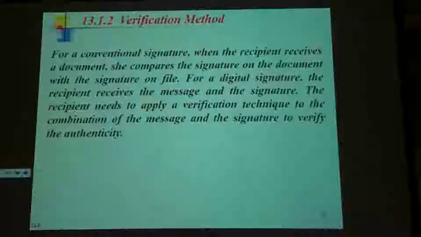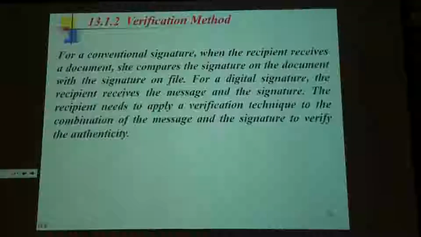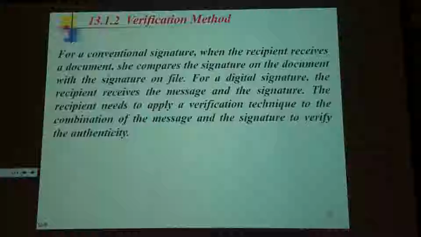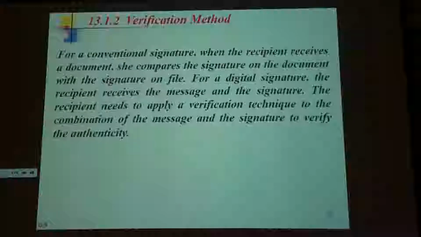However, in the digital case, the message is received separate from the signature, and to verify it's a true signature, you have to use a digital way for verification.